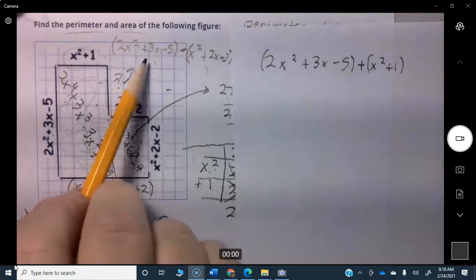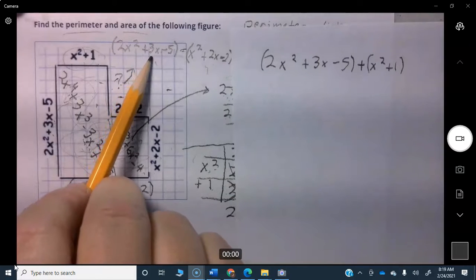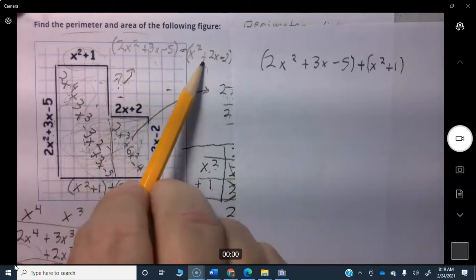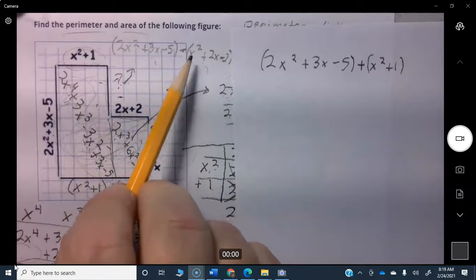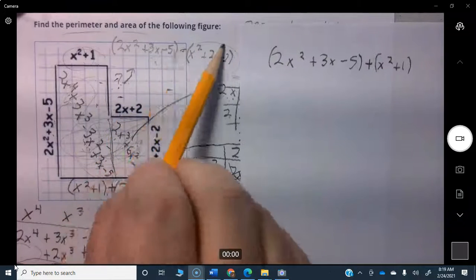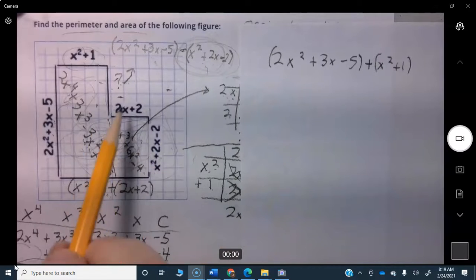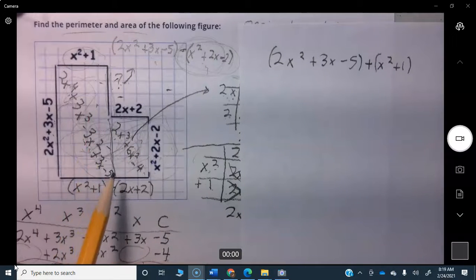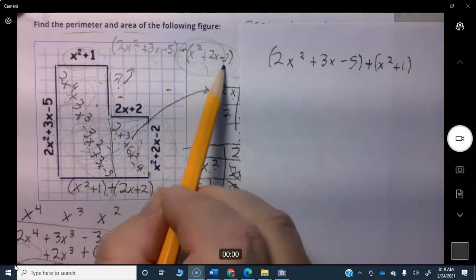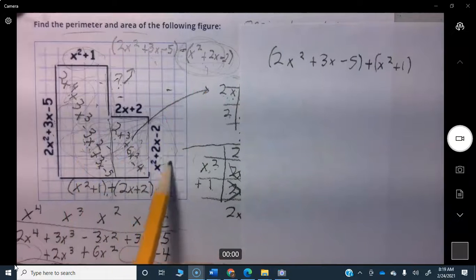Now what I have to do is add this and then subtract this. But notice that this is the same as this. That's originally what we did because we wanted to figure out what this was, right? So why subtract it and add it back again?